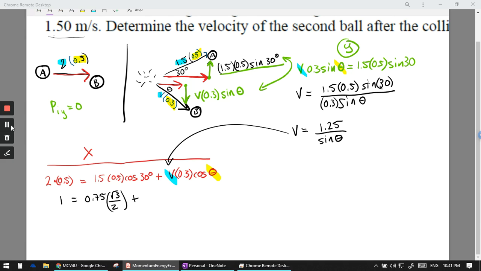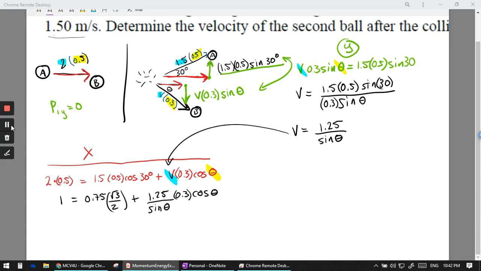Plus v, which is 1.25 over sine of theta times 0.3 cosine of theta. All right, that's what we're looking at basically. I just stuck v in there.